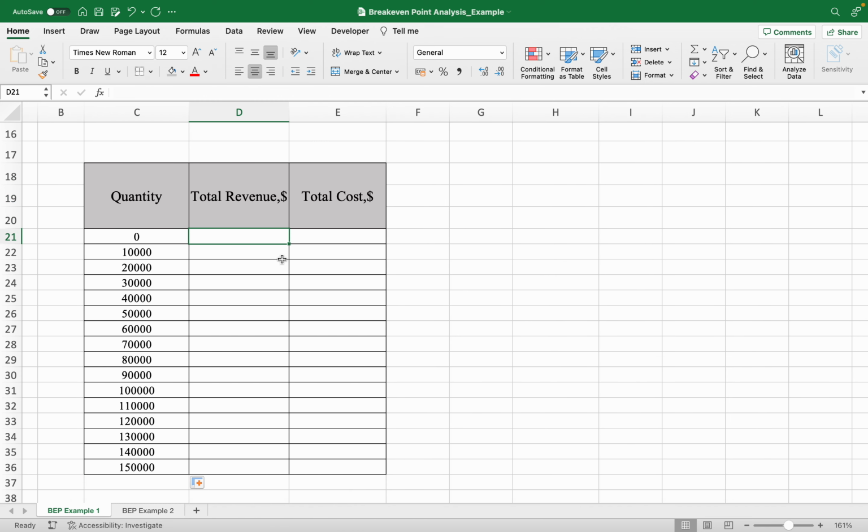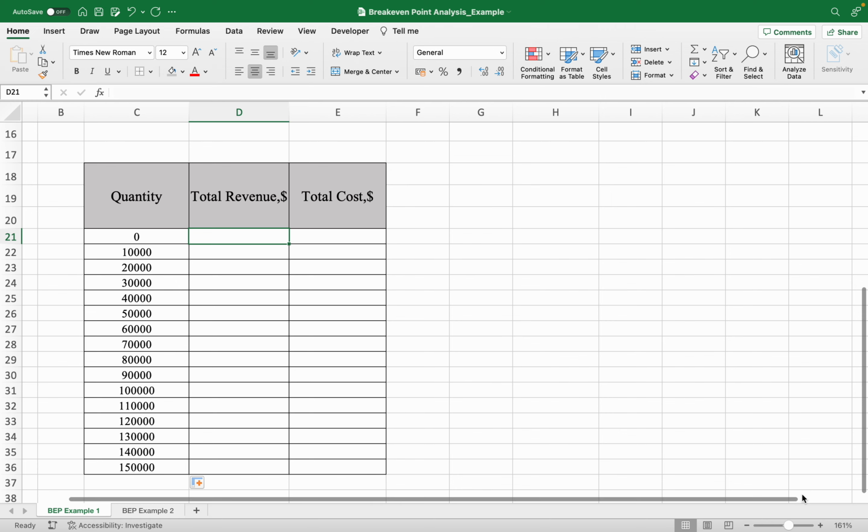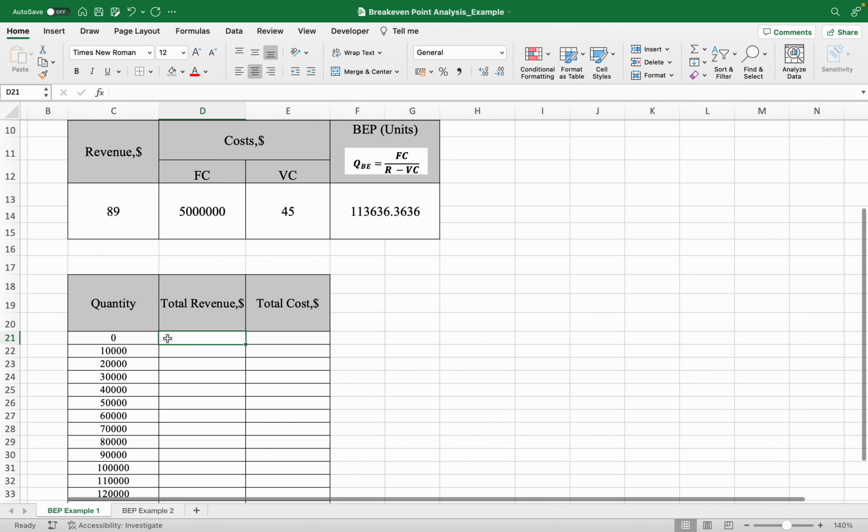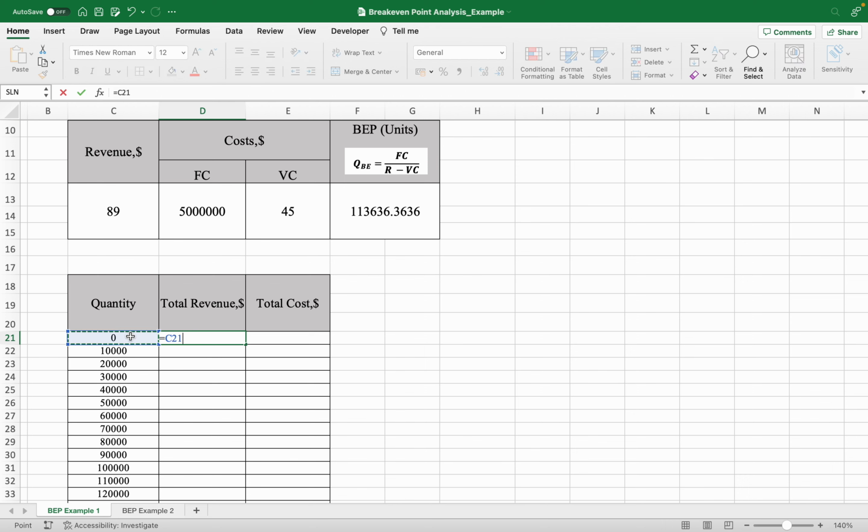And we have the total revenue, which is the quantity times the revenue. So this means that for each unit, the company is making $89. So let's dollar sign this.